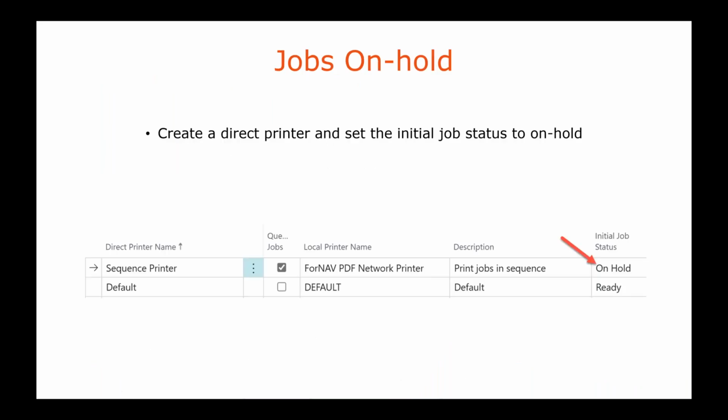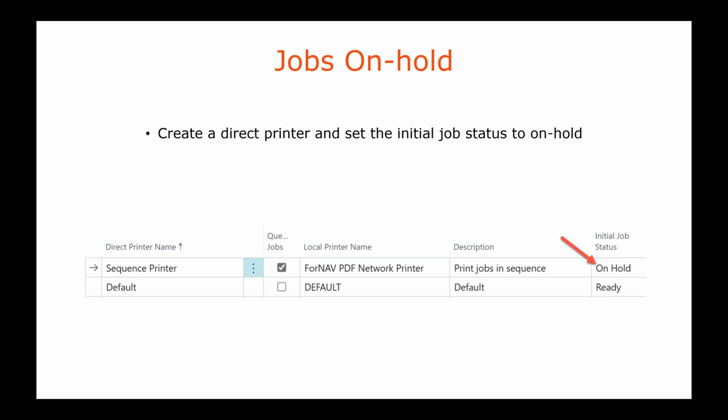So the first thing we did was to allow the direct printers to have another initial job status. That means when a printer puts a job on the print queue, it can now put them on the print queue with the on hold status instead of the ready status. Because when jobs have the ready status, then they are automatically picked up by the local service and it will start printing them.